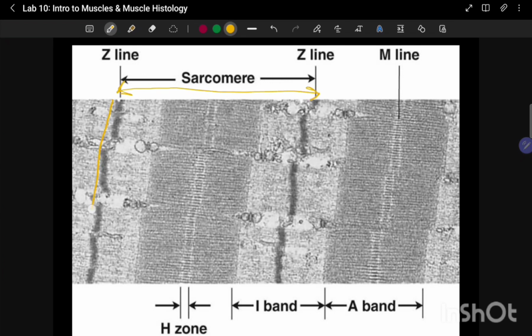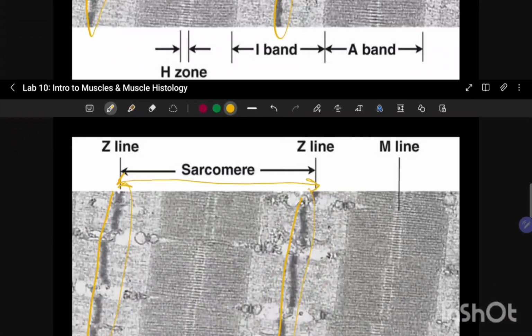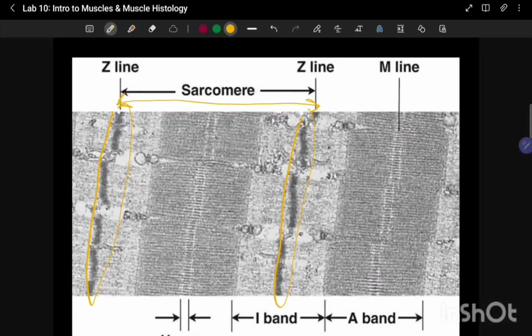So the Z line is going to be that really dark stripe that you see repeating in the striations. In between, kind of the middle point of our sarcomere is going to be this guy. You can see we've got just a slight change in the staining. This is going to be our M line, the middle line. So that's literally how I remember it. M for middle. This is the middle of a sarcomere.